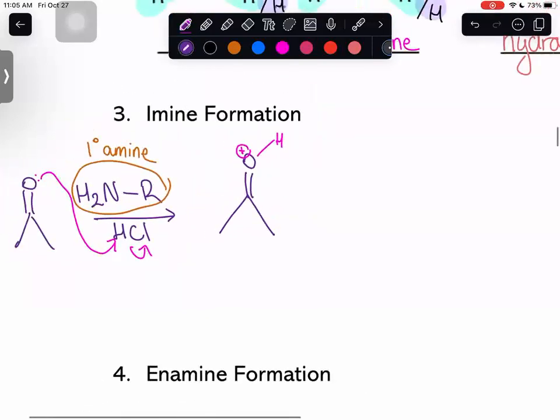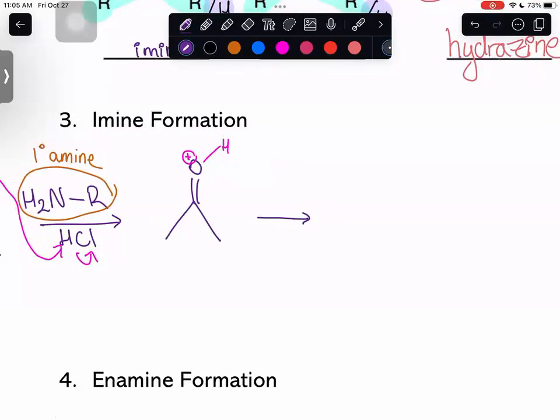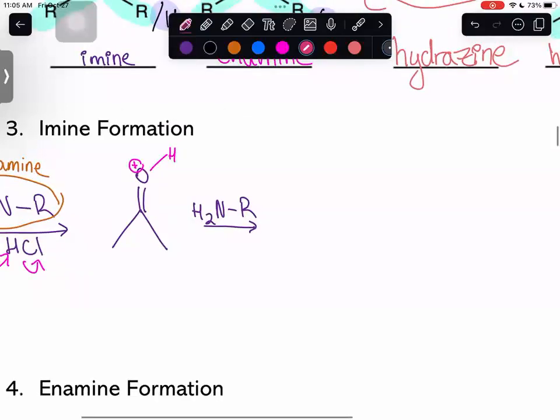So now we're going to have a positive charge in our oxygen, which is making it more electrophilic. Okay, so now we have this, and let's bring our primary amine now, because we're ready for the reaction. Primary amine is always imine. Okay, now, what's going to attack what?